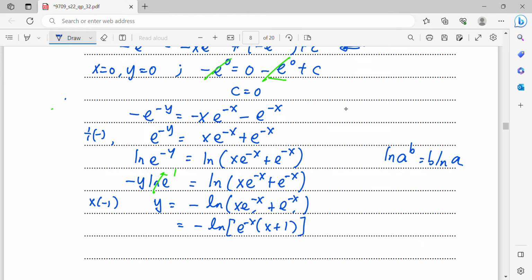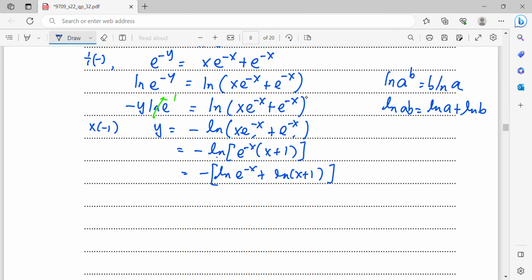So once you factorize, then you can simplify because it becomes ln of the multiplication. Now ln ab will be ln a plus ln b. So now I further simplify: negative ln e^(-x) plus ln (x plus 1). And now we know that in ln e^(-x), the minus x can be brought down.